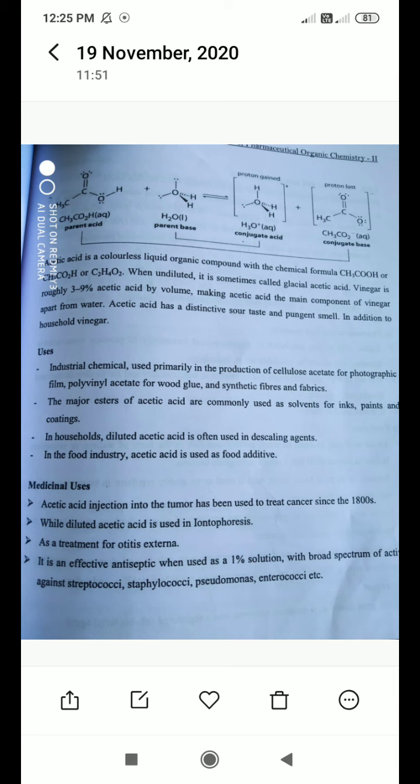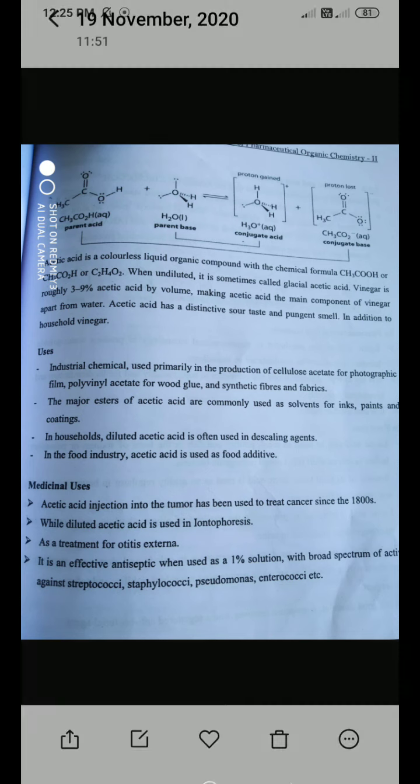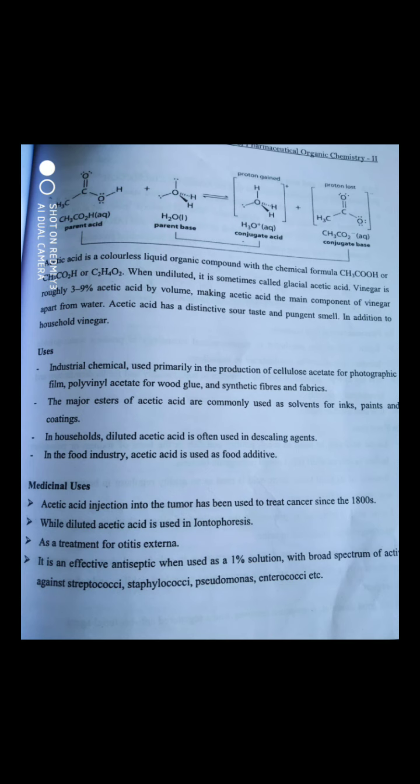A 1% solution acts as an antiseptic for killing such types of microorganisms. Okay, means in combination with a drug, this 1% acetic acid solution can be used. Okay, these are the medicinal uses.